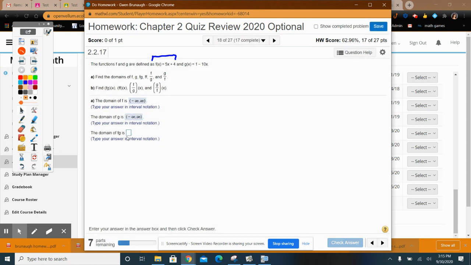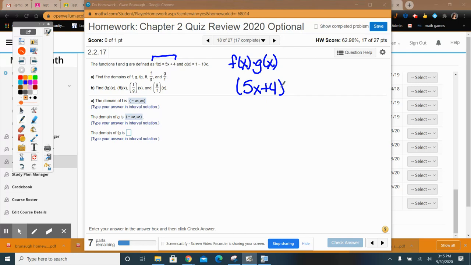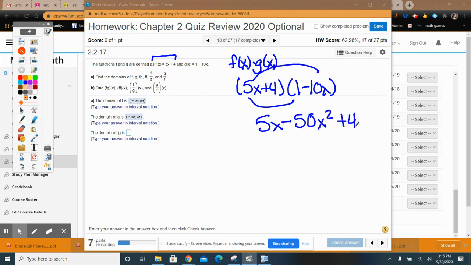And the next ones I would do together. Okay, so I would get separate paper out and I would go ahead and find f times g of x. So it's f of x times g of x. And that will give me 5x plus 4 times 1 minus 10x. We will have to double distribute here. It's 5x minus 50x squared plus 4 minus 40x.